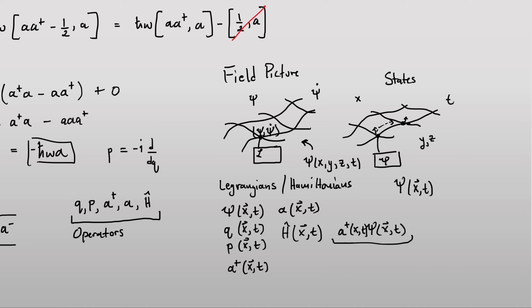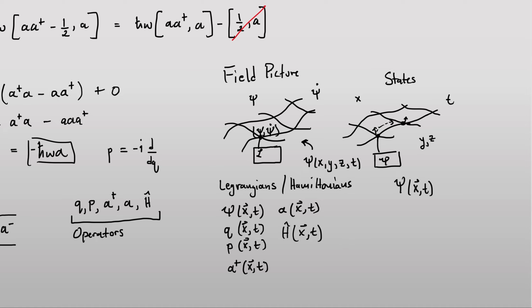This is an operator that is dependent on space and time, and this is a state that's dependent on both as well. So I just wanted to stress that before we go deeper, because now I want to take a look at these creation and annihilation operators, but in somewhat of a different way.